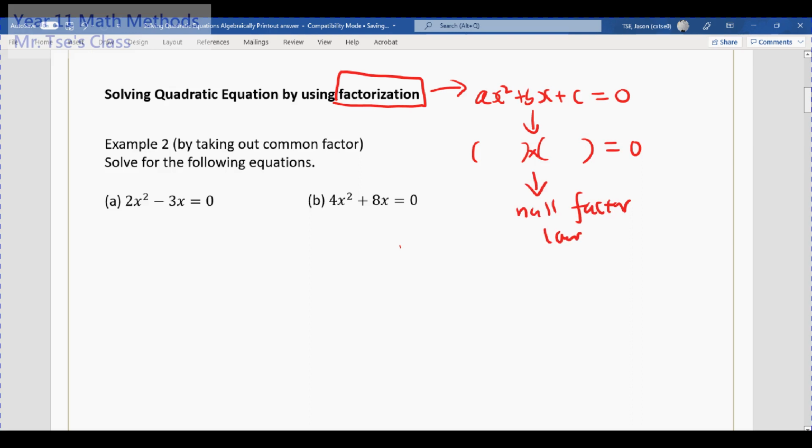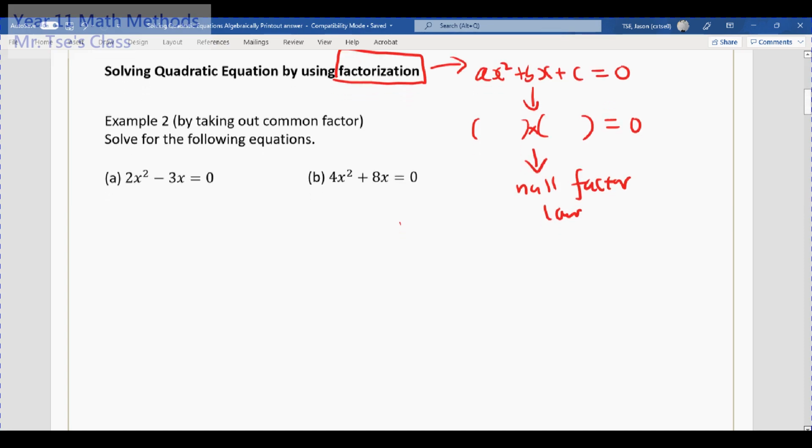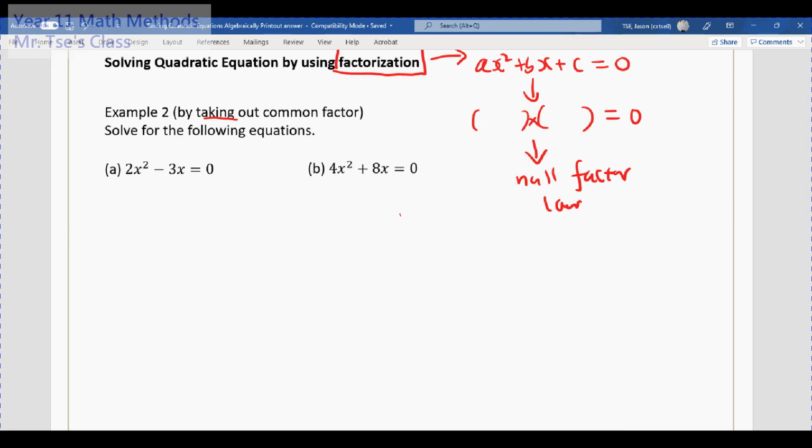So try to factorize them, but there are different ways to do factorization, aren't there? The first and simplest one is taking out common factors. Like here for A, you see there are two terms.